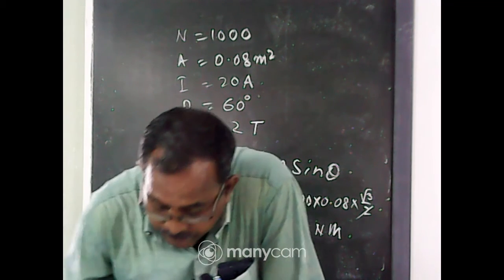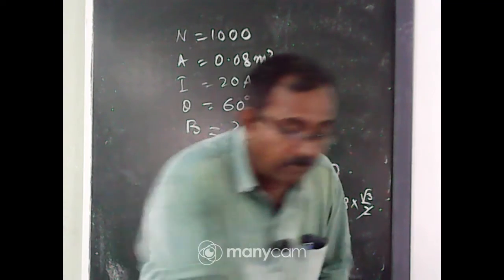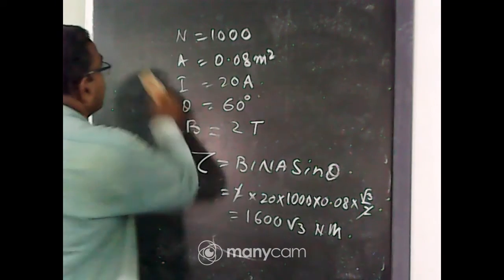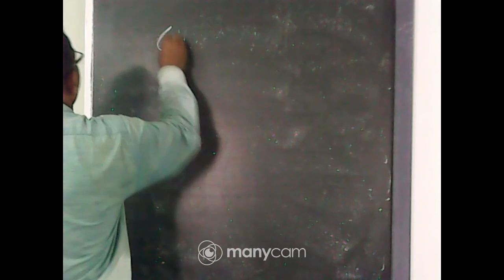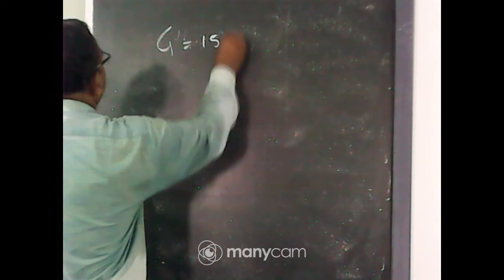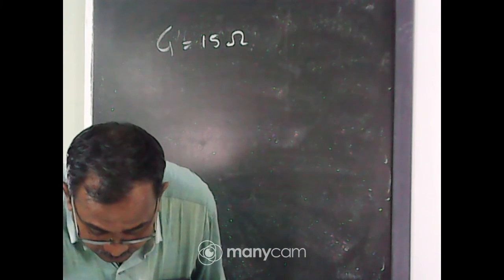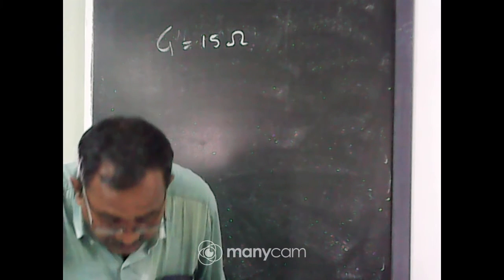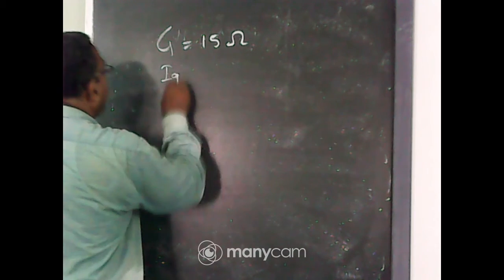Next is this. A galvanometer of resistance 15 ohm gives a full scale deflection for a current of 2 milliampere.